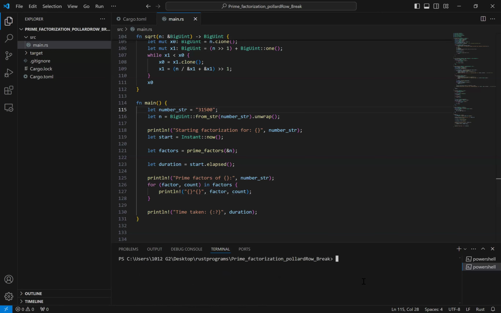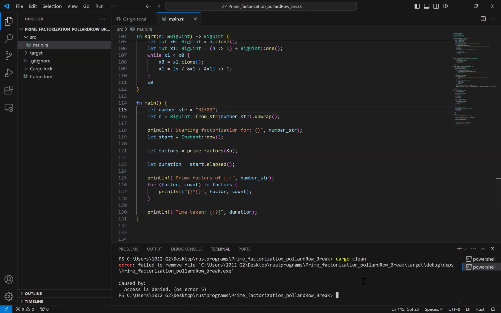Just clean it first of all. Cargo clean. What is it saying? Let's just see what the error is. Fail to remove file C. Fail to remove.